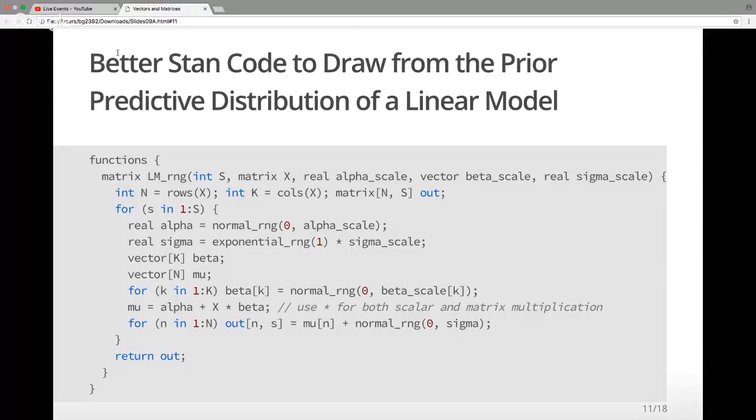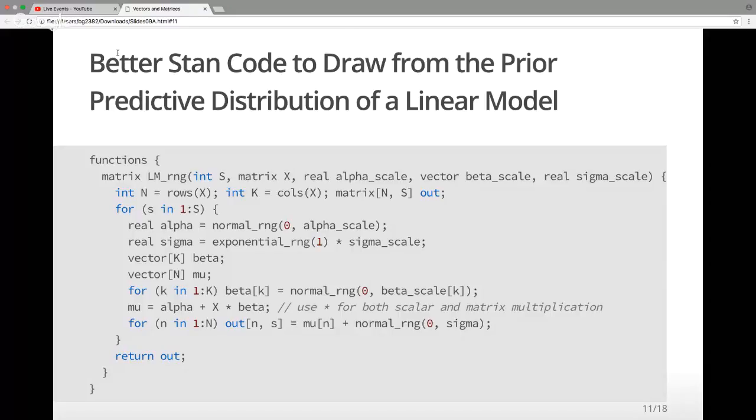When that's all done, I have a matrix of size rows n, which is my number of observations, columns S, which is the number of simulations from the prior predictive distribution that I wanted. It's all been filled, whereas at this moment it consists only of NAs. Now I've filled in all the elements of that matrix, and I'm ready to return it at the end.